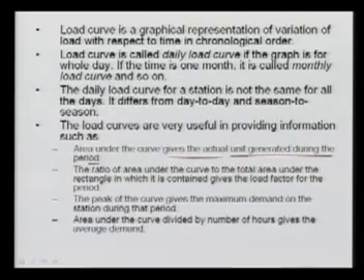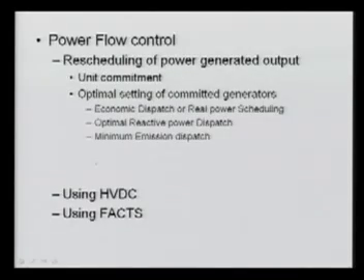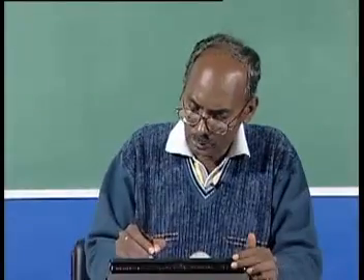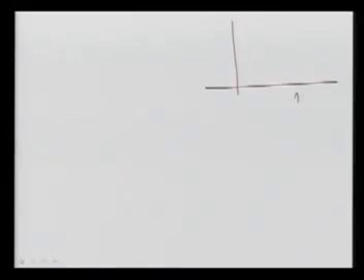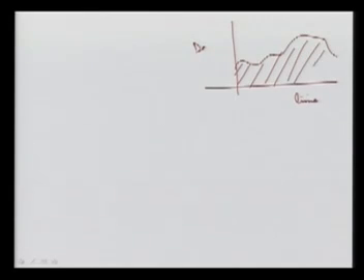Here, let us suppose this is your demand, this is your time, and this is your load curve. So what is the area? This is demand multiplied by time. So this area gives you the total energy produced during that period.